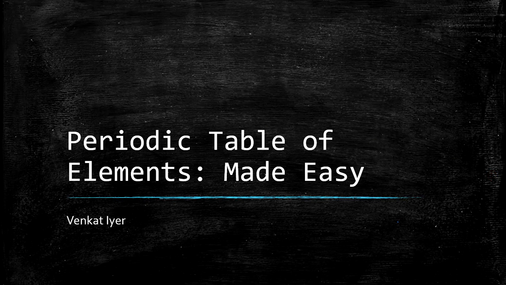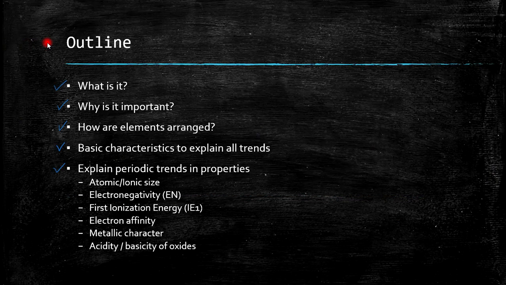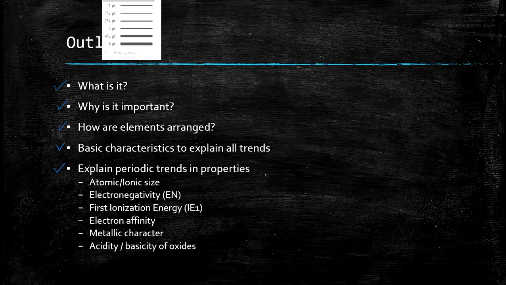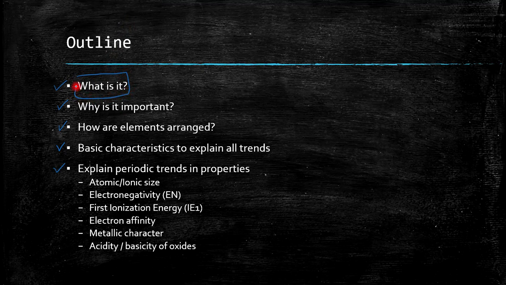As a part of the outline, what we need to understand about the periodic table is as follows. First of all, what is the periodic table? As the name suggests, the periodic table is simply a table of elements.